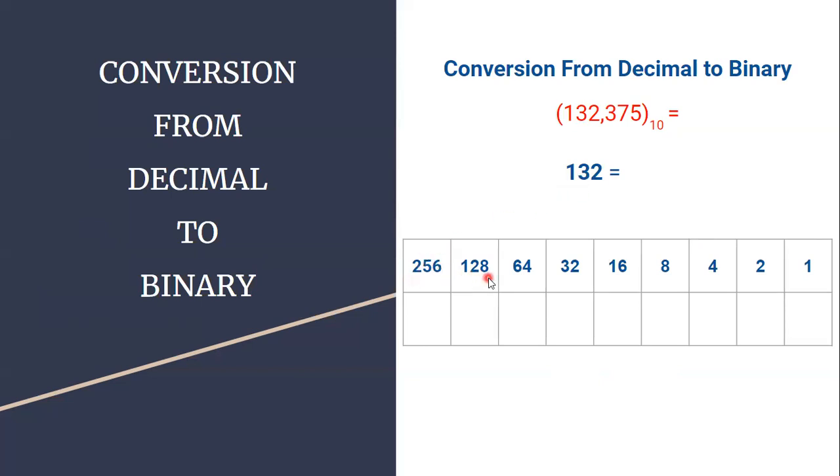I have 128, which is smaller than 132, and after, by multiplying by 2, I get 256. So I stop here.